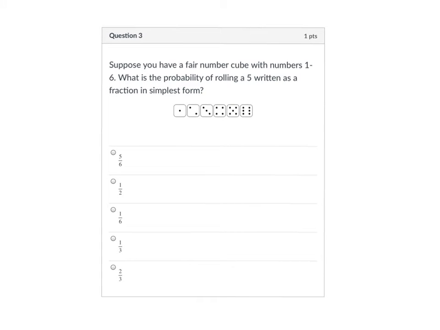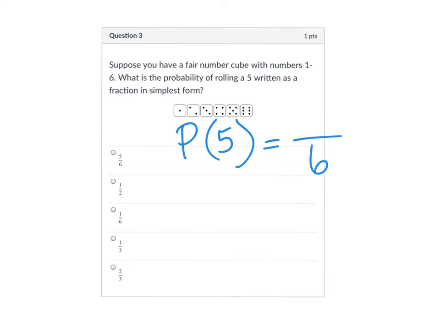Suppose you have a fair number cube with the numbers 1 through 6. What is the probability of rolling a 5 written as a fraction in simplest form? When we write the probability as a fraction, on the bottom is the total number of outcomes possible. In this case, if we have a fair number cube, there are 6 numbers that can be rolled.